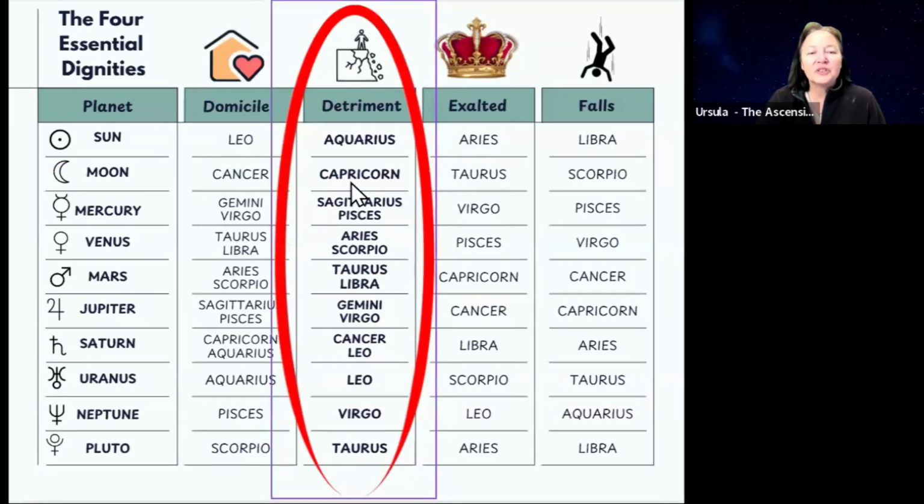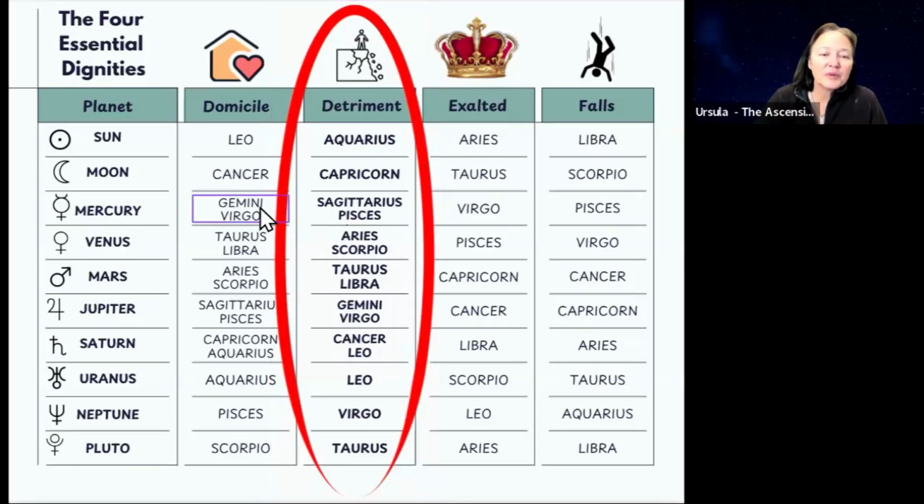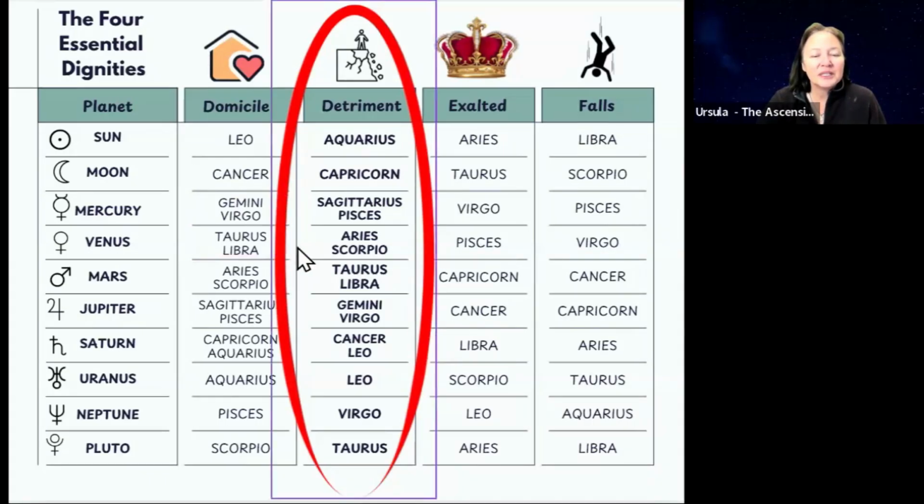It would prefer to reflect and be more receptive than to be in the Capricornian energy of let's go out and make things happen in the world. So here's the list: Mercury will be in detriment in both Sagittarius and Pisces because it's ruled by both Gemini and Virgo. Venus is the ruler of Taurus and Libra, but Venus will be in detriment in Aries and Scorpio.